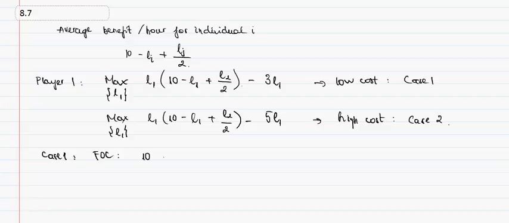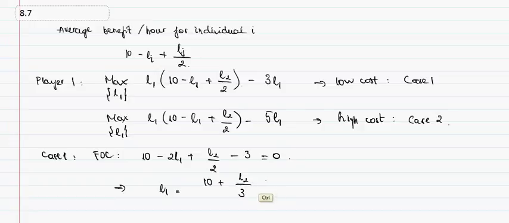We get 10 minus (2L1 plus L2) divided by 2, minus 3, equal to 0. That is our first order condition. Rearranging, we get L1 equal to (10 plus L2 divided by 2 minus 3) divided by 2.